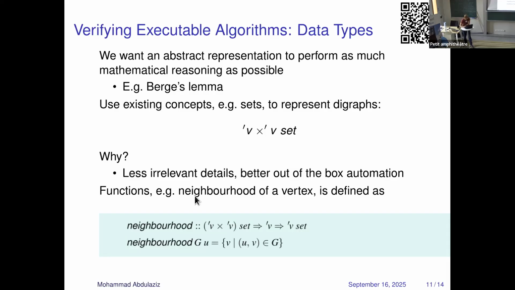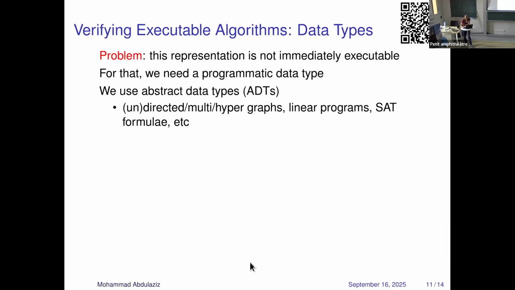And that allows you to use a lot of the old automation that is already developed for sets, for instance. But not only that, it also allows you to gloss over irrelevant details when you're talking about the mathematical argument for why the algorithm is correct. So, for example, here the neighborhood of a vertex can be just a set comprehension like that.